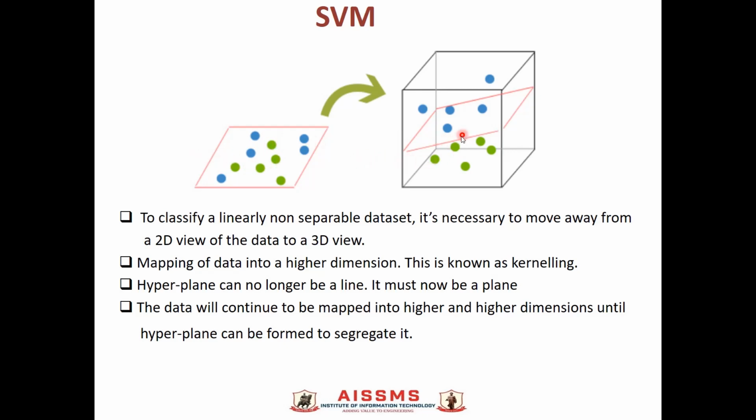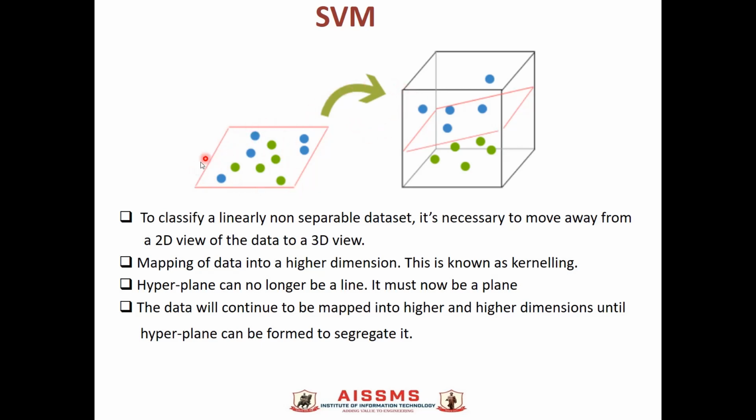With this, we can now easily use a plane to separate the data points into green and blue categories. Mapping of the data into a higher dimension is called kerneling. This is the kernel trick, wherein we map the data points into higher and higher dimensional spaces.